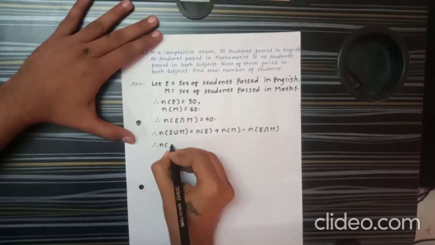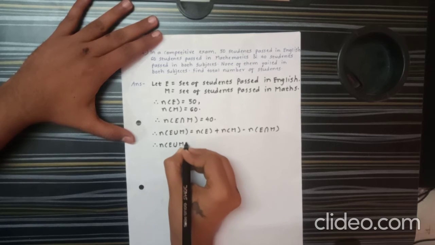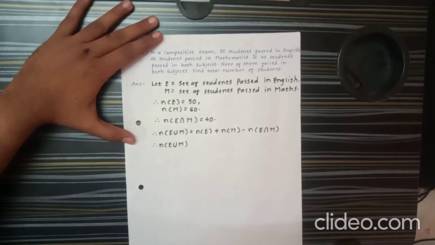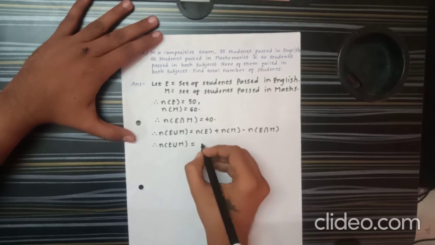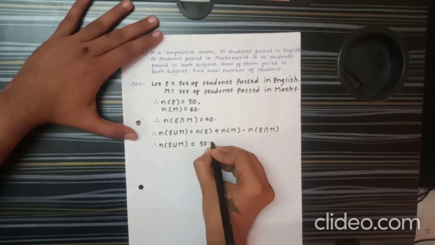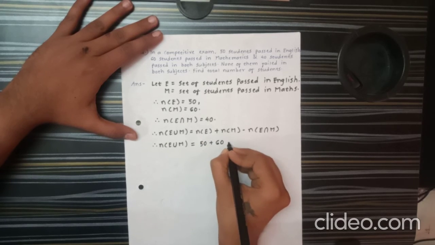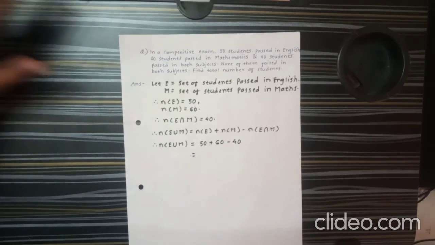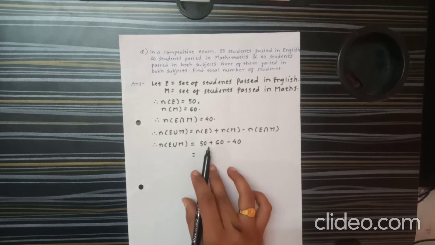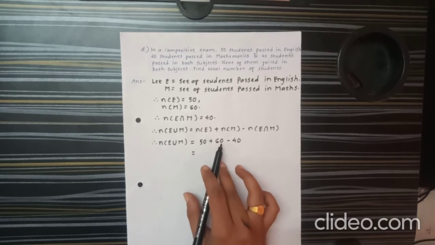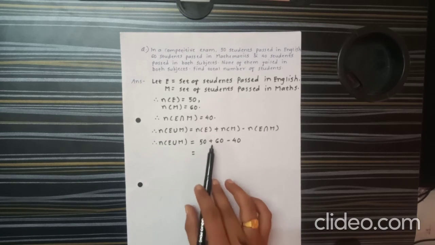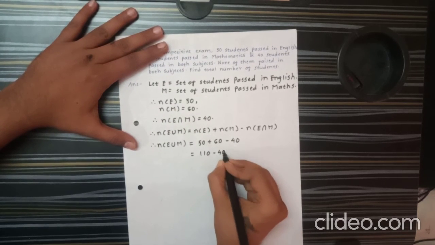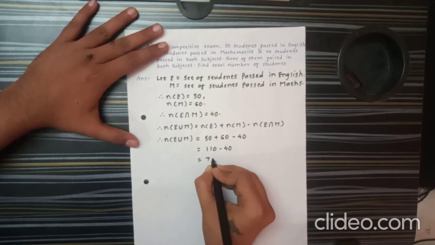Therefore N of E union M, we need to find the total number of students. So value of this is not known right now, equal to N of E is 50 plus this one is 60 and minus 40 we are going to do. So after performing this expression, 50 plus 60 is 110, and from this 110 we need to subtract this 40. So our answer is 70.